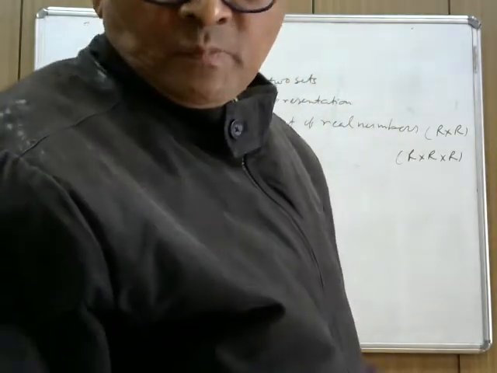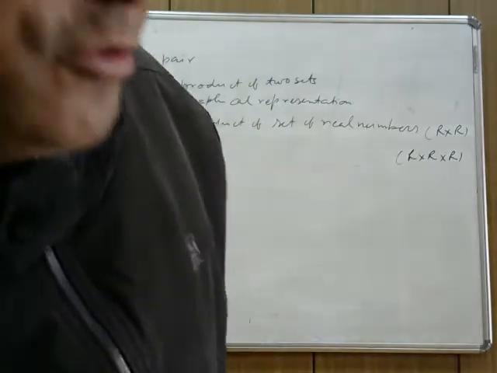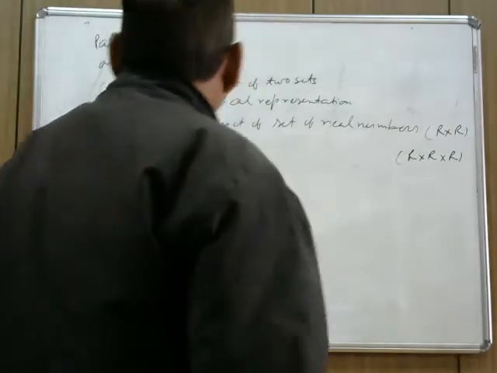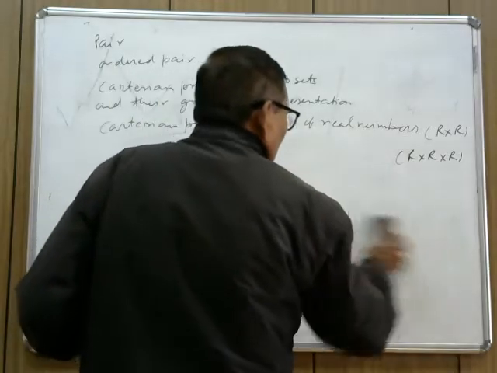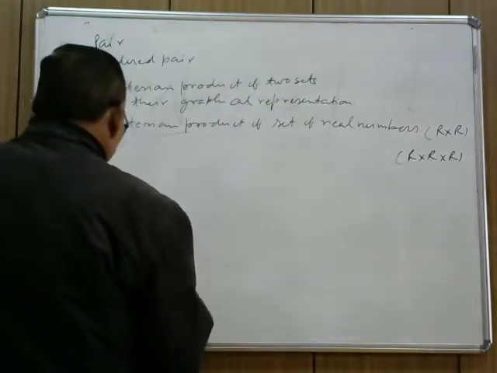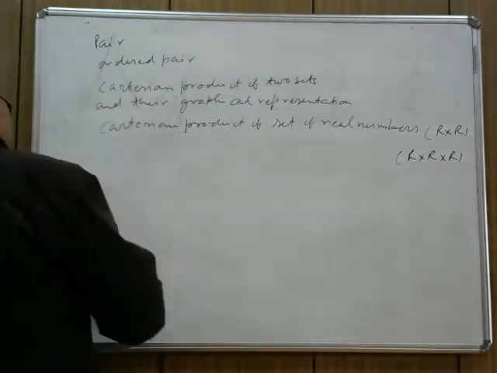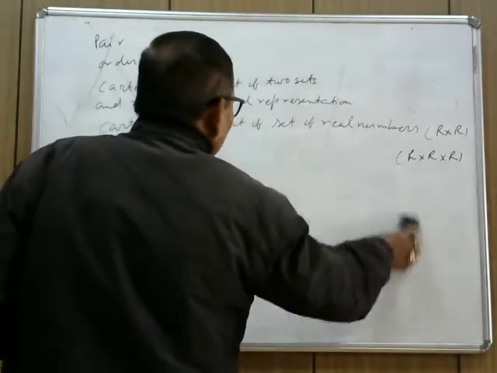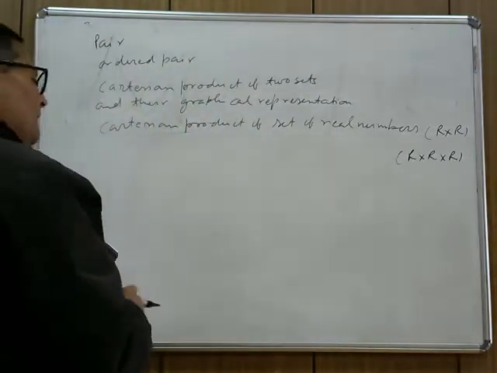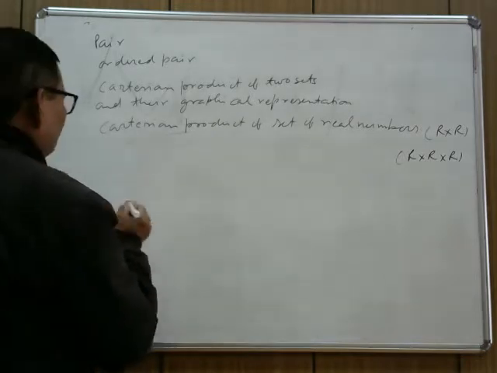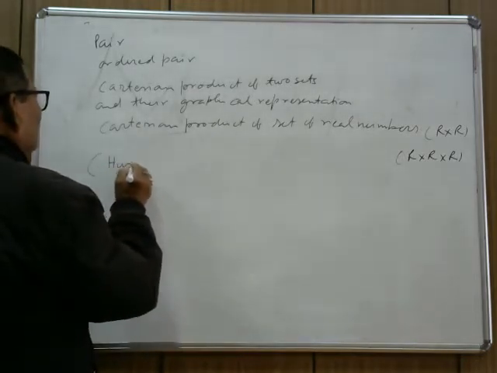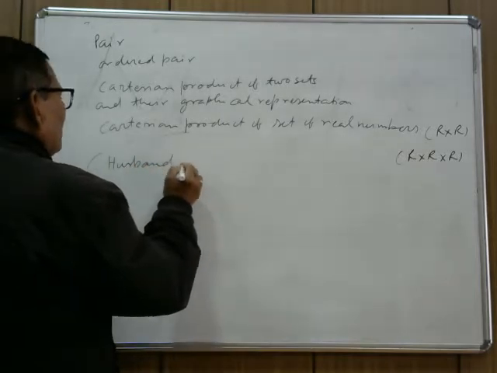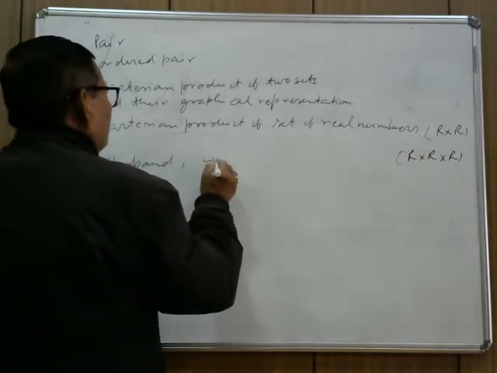So, first of all, I want to tell you about pairs. What concept do you have in your mind, what is the difference between a pair and an ordered pair? I am writing some examples of pairs, like husband and wife.